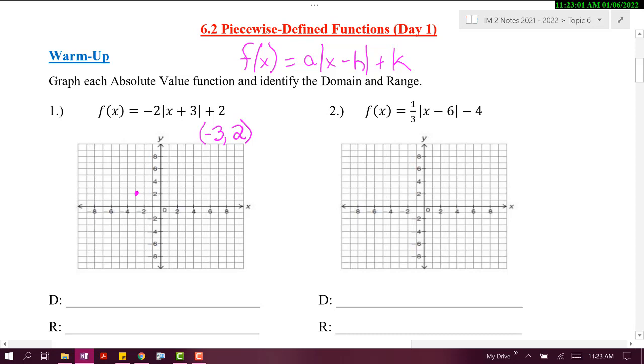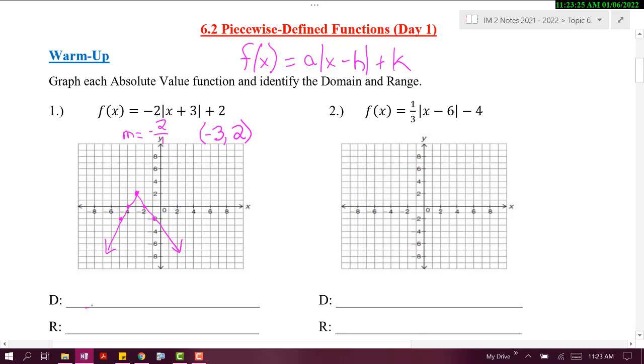And then from there, we use our slope. Our slope is -2 over 1. So down 2 over 1, down 2 over 1 the other way as well. And we have our absolute value function.